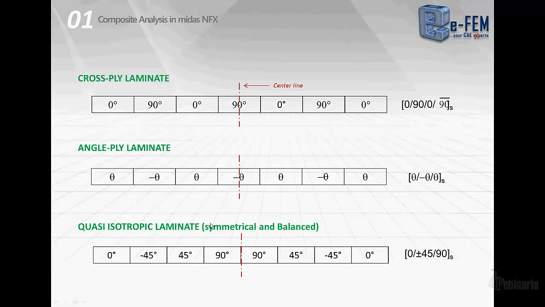We talk about a quasi-isotropic laminate when we have this specific stacking sequence which gives out somehow homogeneous properties in the plane of the laminate. So we talk about a quasi-isotropic laminate because the properties on the plane of the laminate are quasi-isotropic.